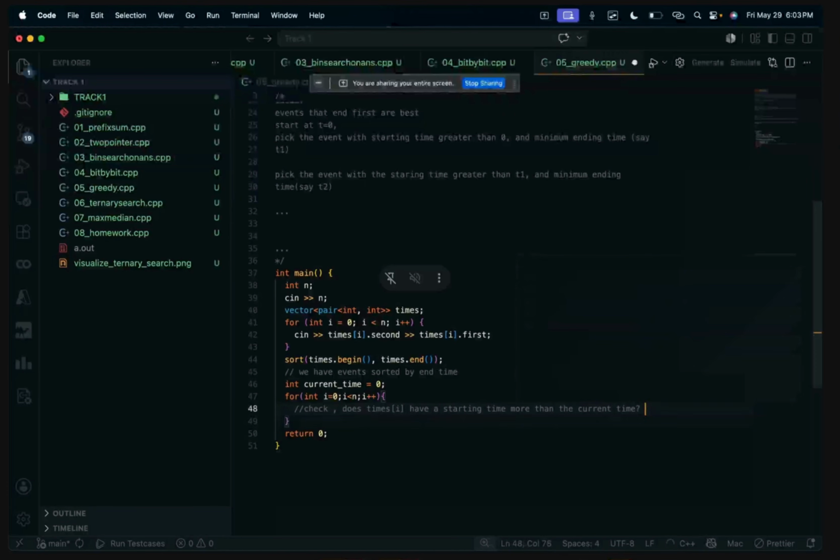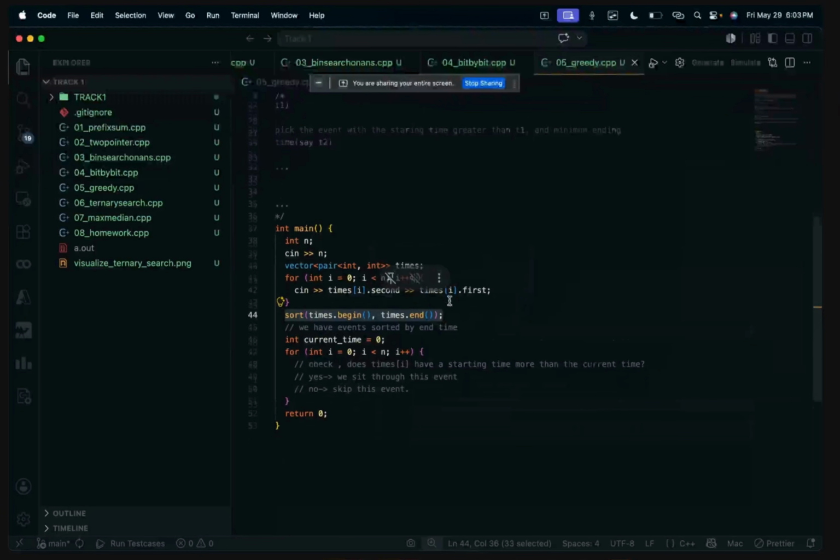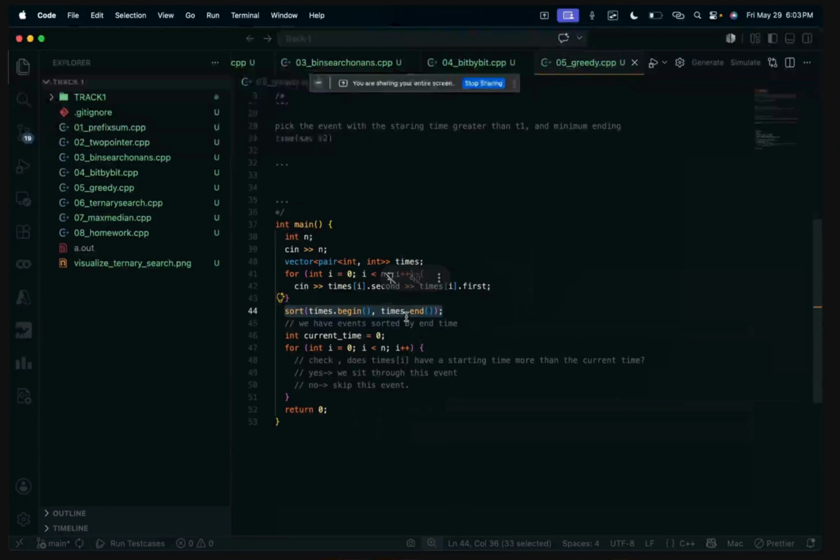If it is a yes, then we attend this event. If it's a no, skip this event. So you can see the importance of sorting by the end times. Since we sorted by the end times, we always process events that end earlier before events that end later.